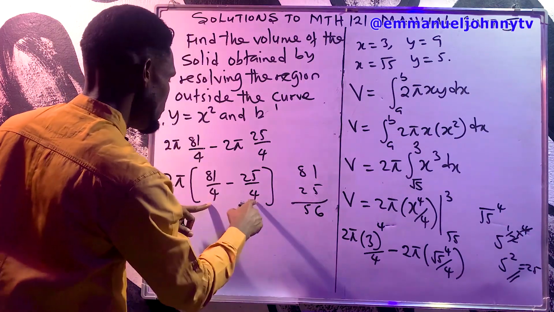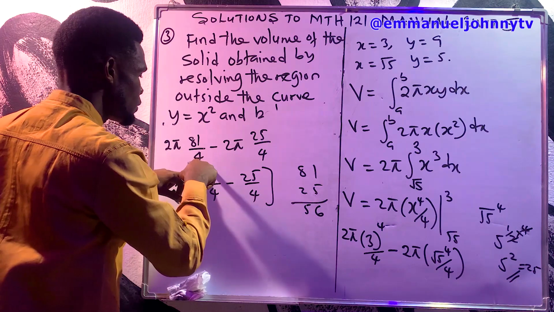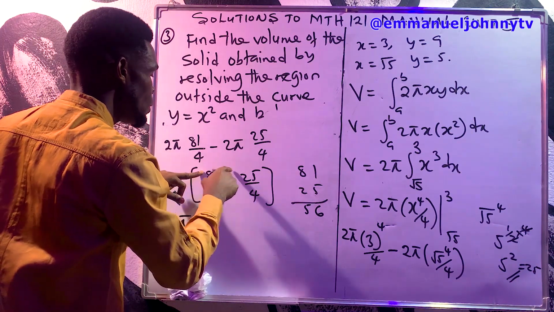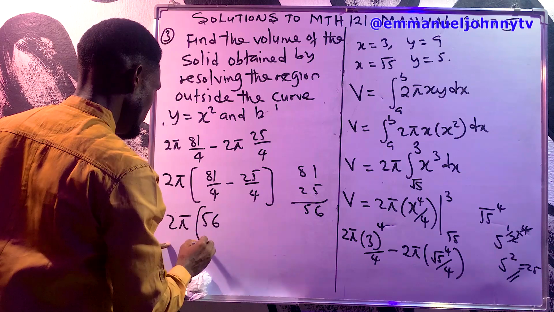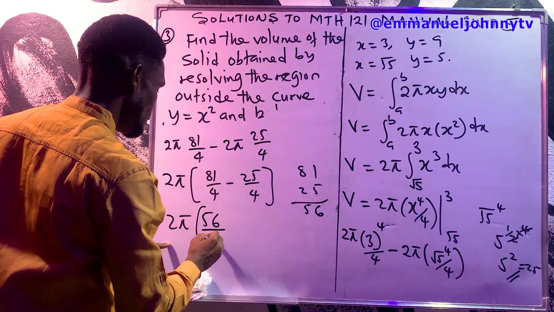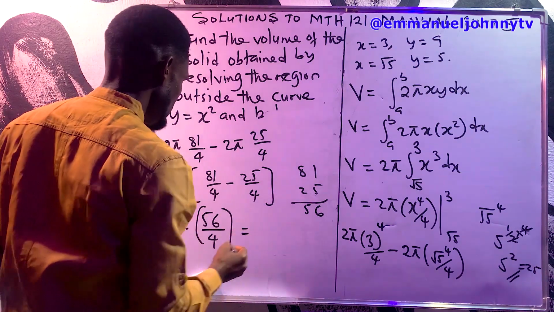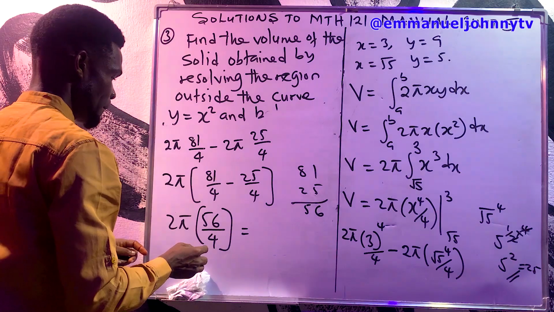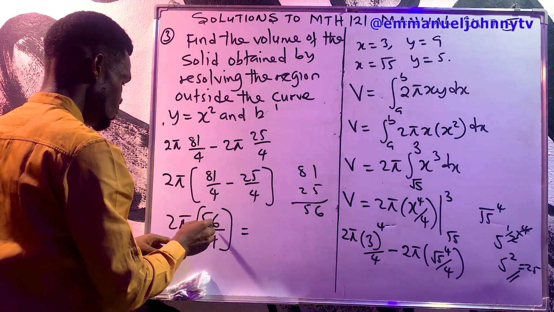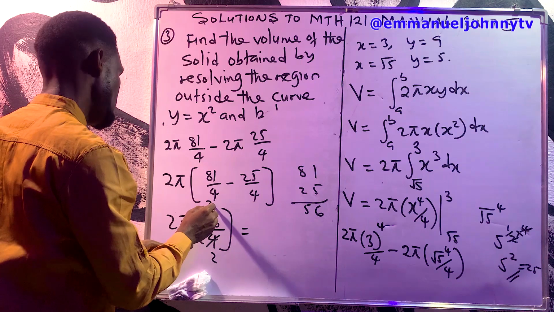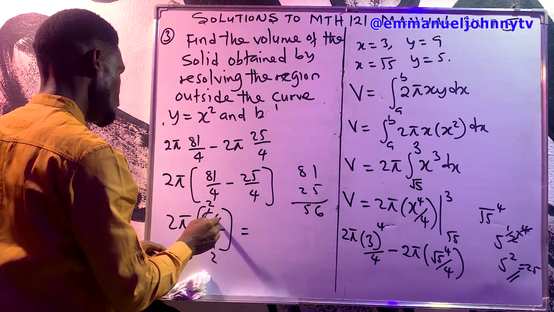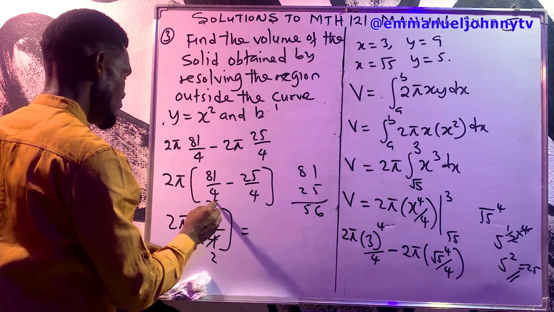The denominators are the same, so we subtract 81 minus 25, which gives us 56 all over, pick one of the denominators, 4.